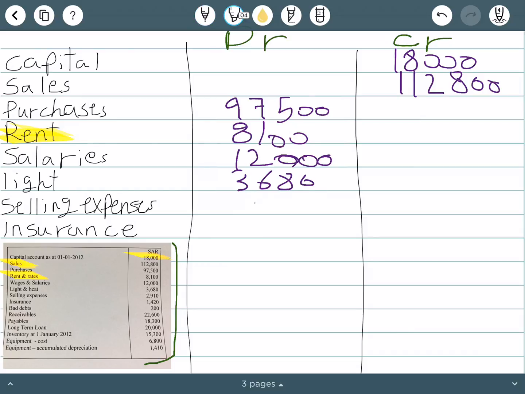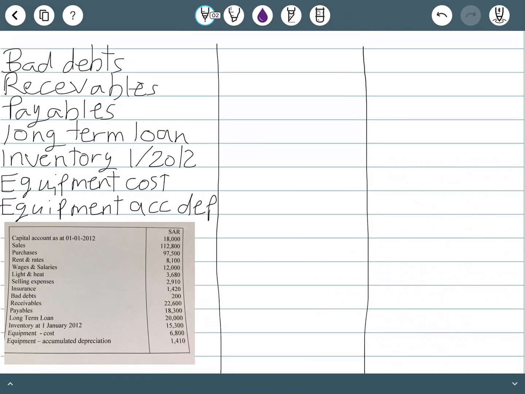And then we have here selling expenses, also an expense, so it is 2,910. Also insurance is an expense, so it's a debit, so it is 1,420.